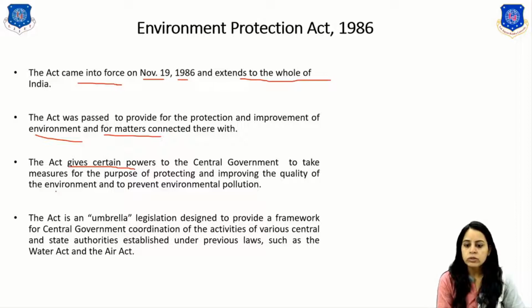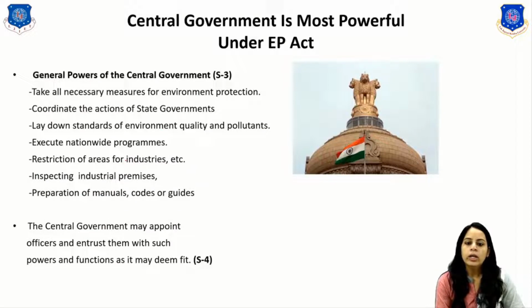The Act is an umbrella legislation designed to provide a framework for central government coordination of the activities of various central and state authorities established under laws such as the Water Act and the Air Act. The central government is the most powerful under the EP Act, the Environmental Protection Act.